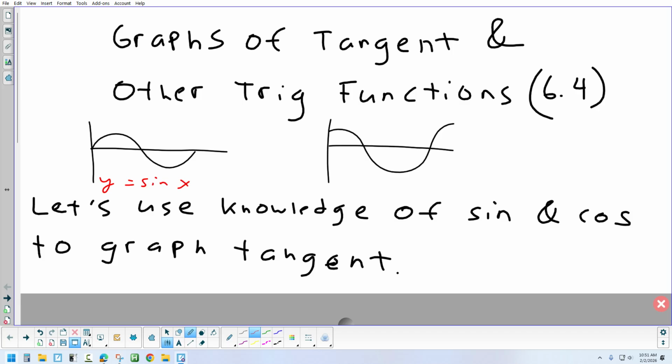This is sine, and this is at 0. Where does it end? Where's the end of one cycle in radians? 2 pi.